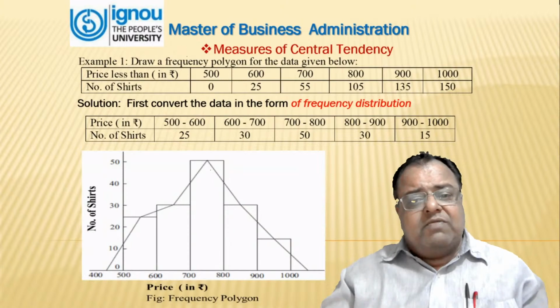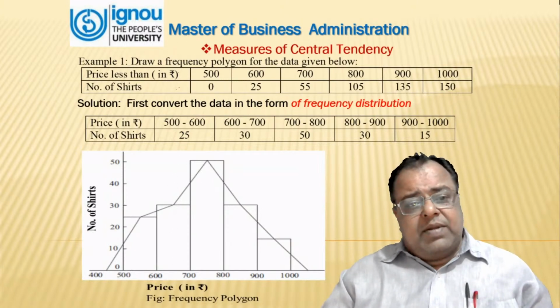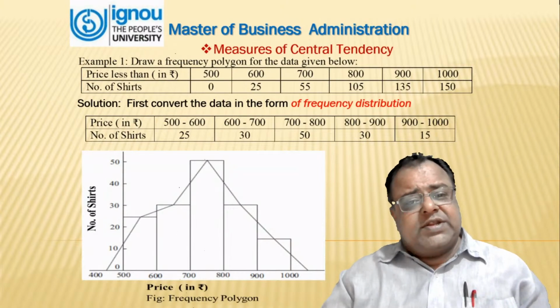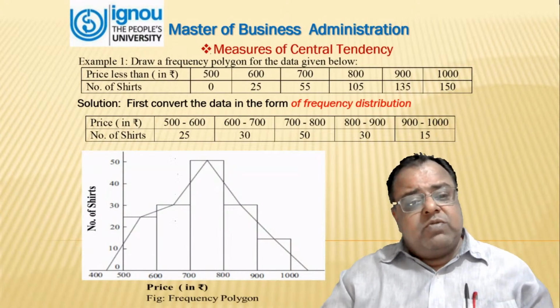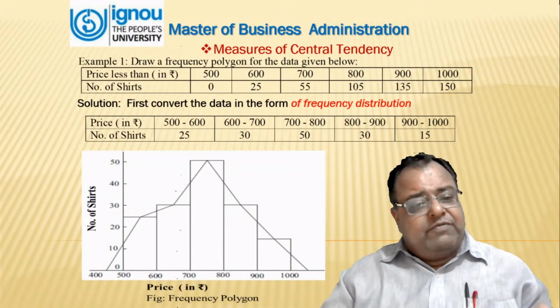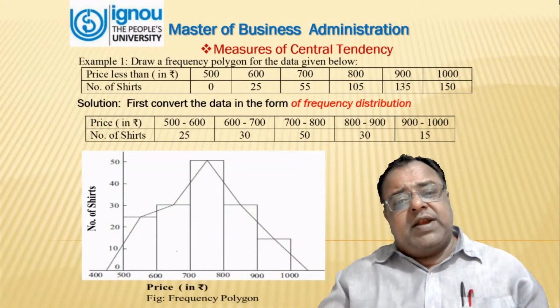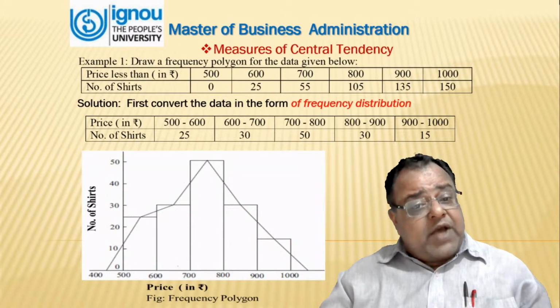Now we want to convert it into the frequency distribution. We can see from the problem that from 500 to 600, there are only 25 items. So in front of 500 to 600, we will be writing 25. And we can see that up to 700, there are 55 items.